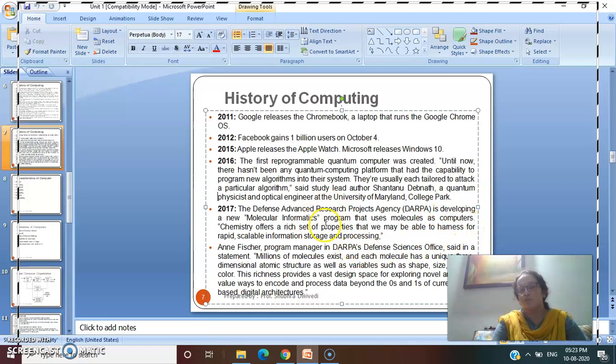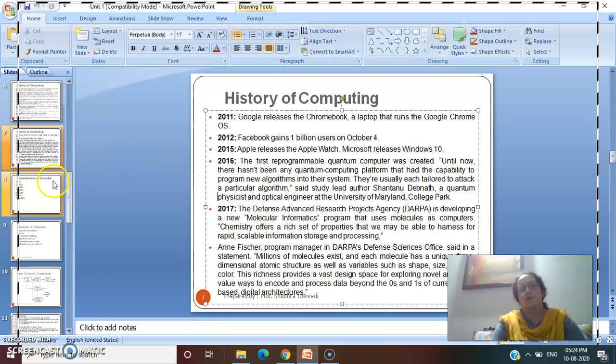Chemistry offers a rich set of properties that we may be able to harness for rapid, scalable information storage and processing. We will discuss all these things in details in our classes.